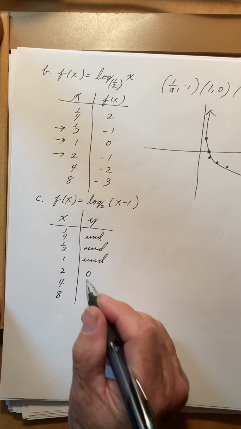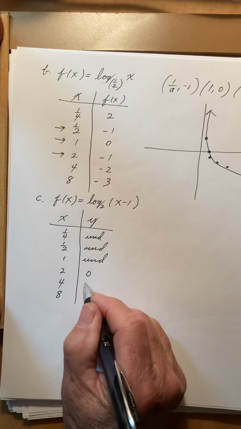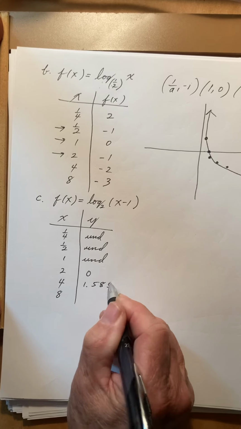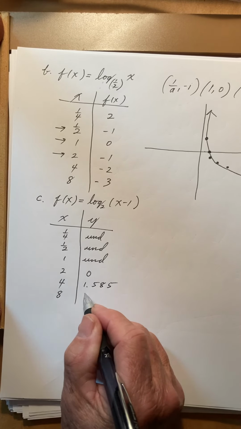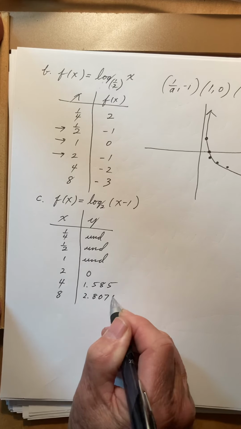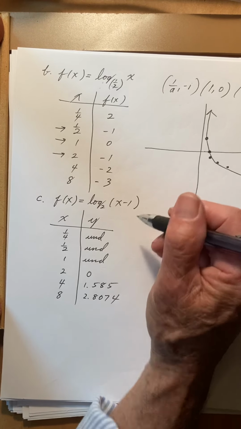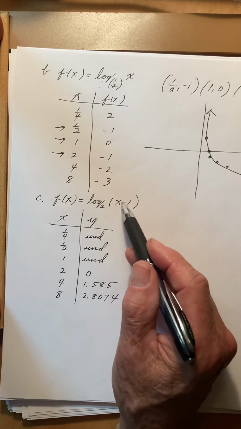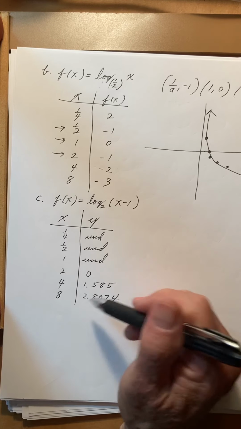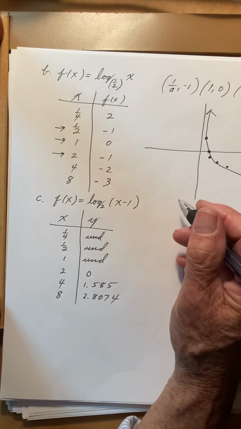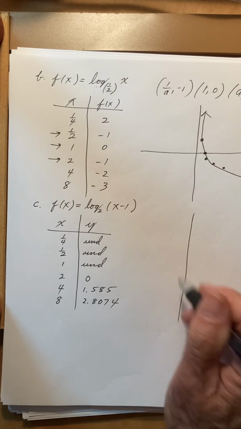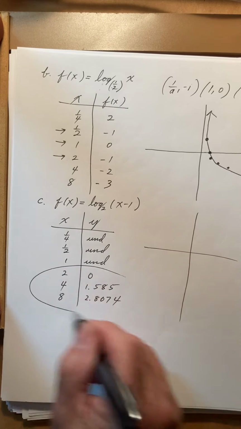This will be 0, this will be 1.585, and this will be 2.8074. And all you have to do is put these x's into the function and you'll find out that those values are true. So really the only ones we have are these 3.